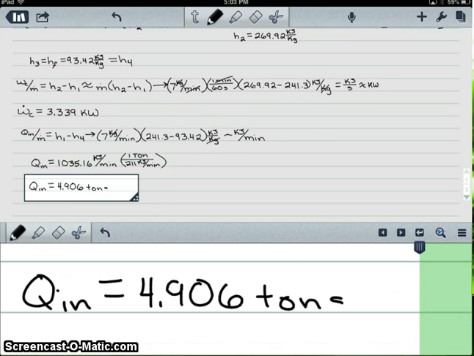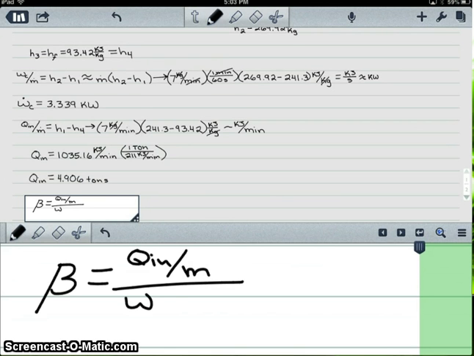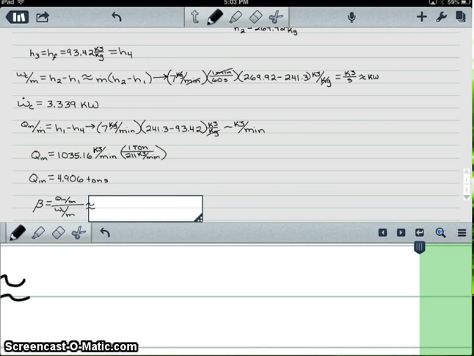Finally, the coefficient of performance can be evaluated by equation 10.7, and all that is your Q in divided by the work of your compressor. From beforehand, we know that our Q in was in minutes, whereas our work of the compressor was in seconds.